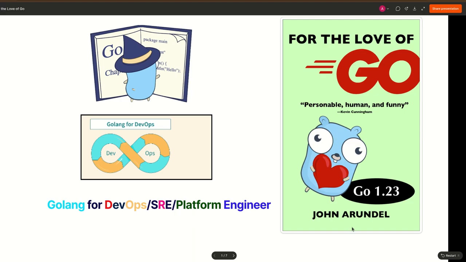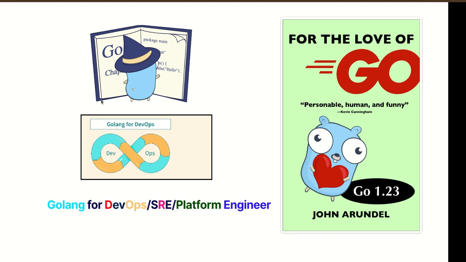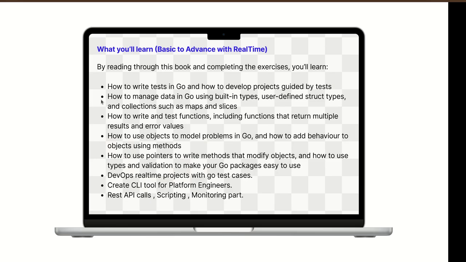So what will we learn? Here we are going to learn how to write tests in Go and how to develop the project guided by tests, and how to manage data in Go using the built-in data types, user-defined struct types, and collections such as maps and slices.